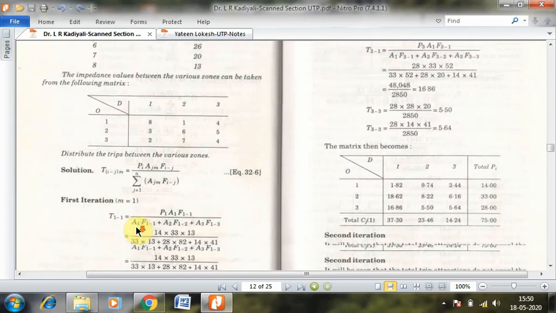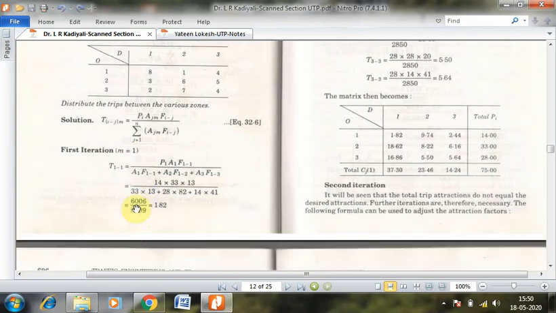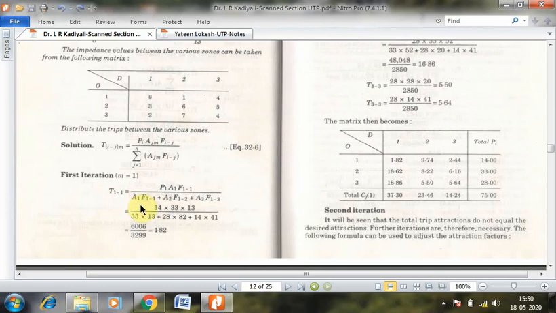Now imagine we will begin with our calculation for the trips happening within zone 1. So origin is 1, destination again is 1. Capital Tij, that is capital T11, is equal to P1 A1 F11 divided by A1 F11 plus A2 F12 plus A3 F13, summation of all these zones. Okay, so that is what it means.